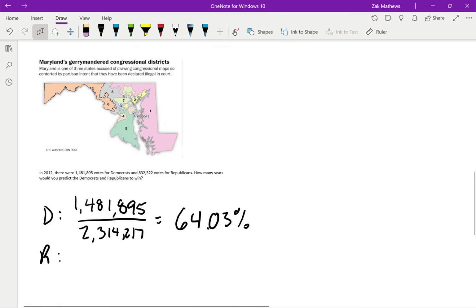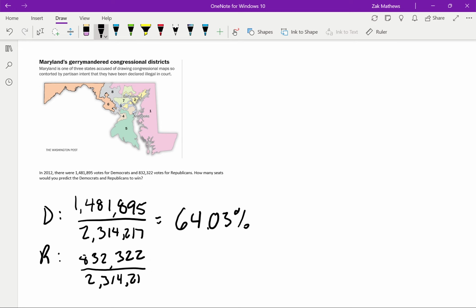Republicans should be about the opposite. It will be 832,322 out of 2,314,217. Let me type this in the calculator. And so the Republicans won 35.97% of the vote.